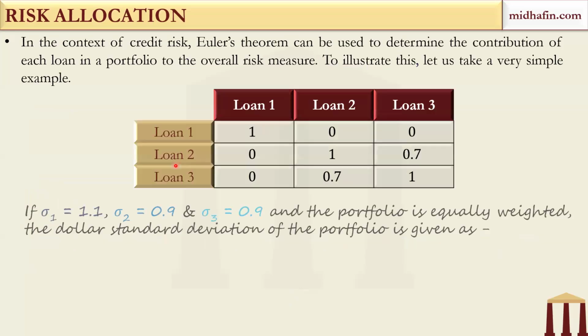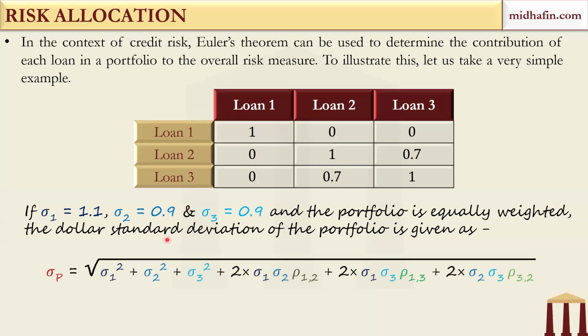We started with these loans and found out that the overall portfolio standard deviation is 1.99, or 1.991 you can say. Then we changed the size of each loan by a very small amount, so that delta xi by xi is a very small number, in this case 0.01, which tends to 0.